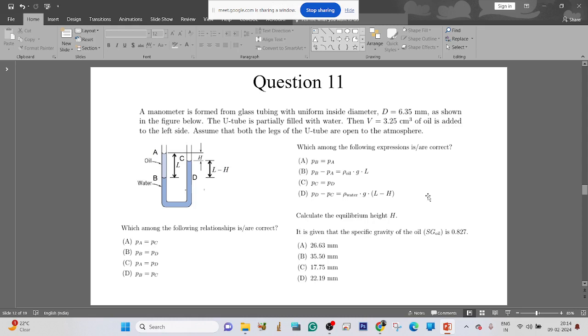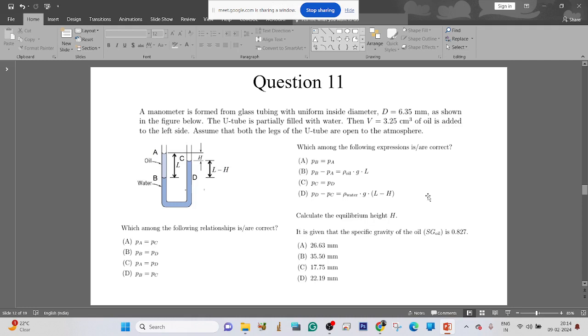So it's given that rho g is equal to... Oh, sorry. Okay. So we know that PB is equal to PD and PB is equal to PA.